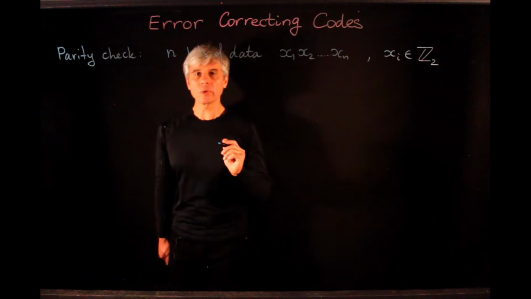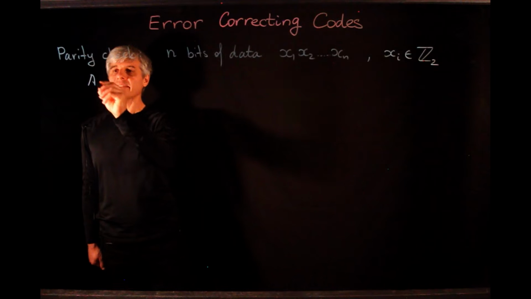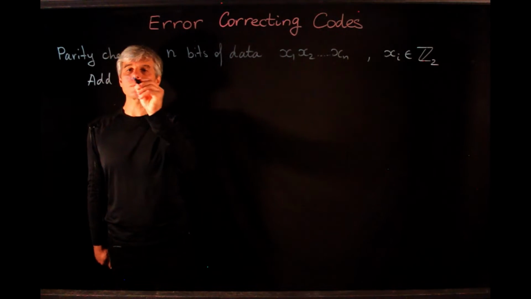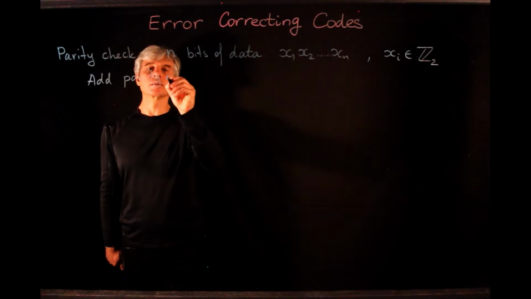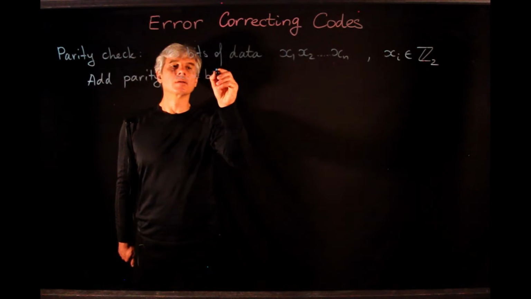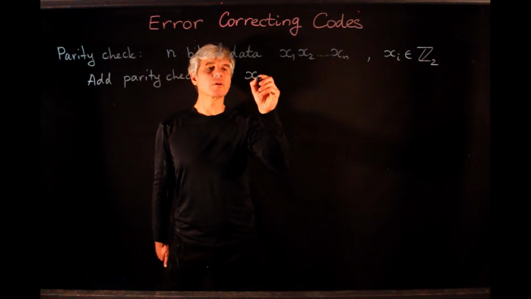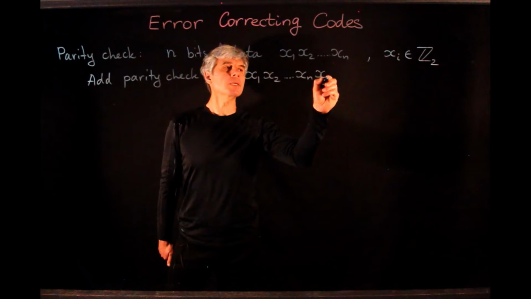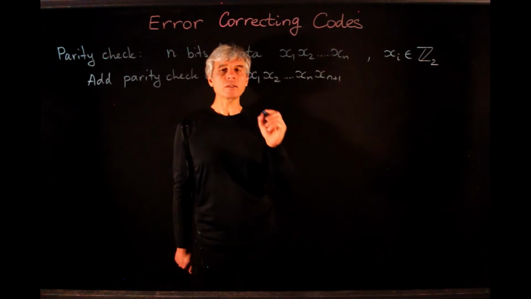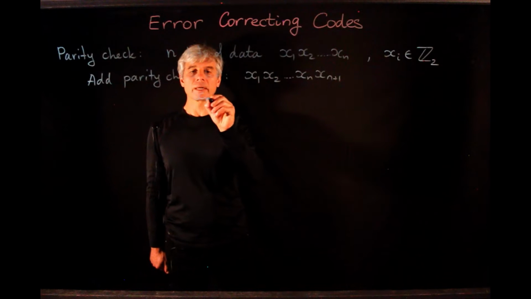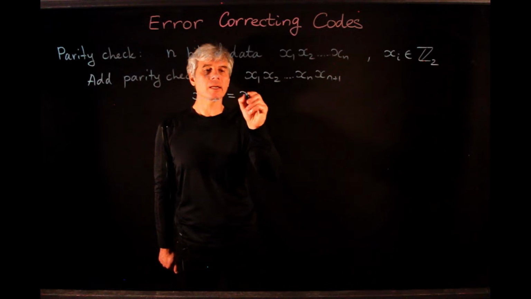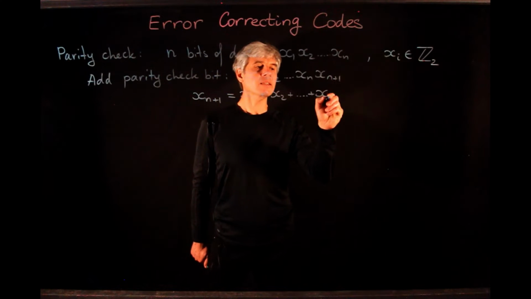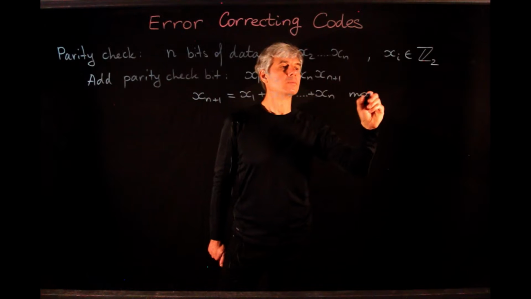Now, what we do is we add 1 extra bit, which is called the parity check bit. So we augment this data with 1 extra bit, which is calculated as x_{n+1} = x1 + x2 + ... + xn mod 2.